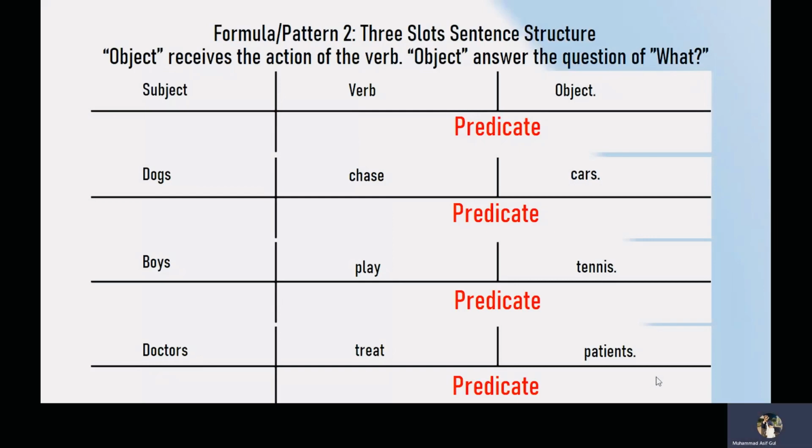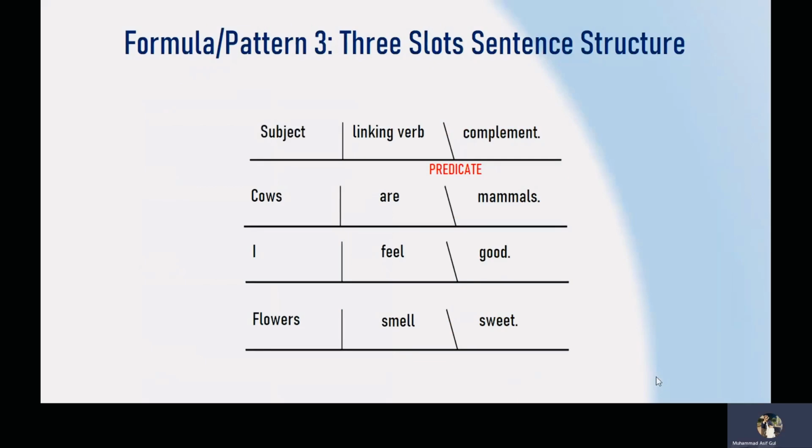Now we will move to the third pattern, the third formula. It is once again a 3-slot sentence structure. But here we have 2 new terms, linking verb and complement.